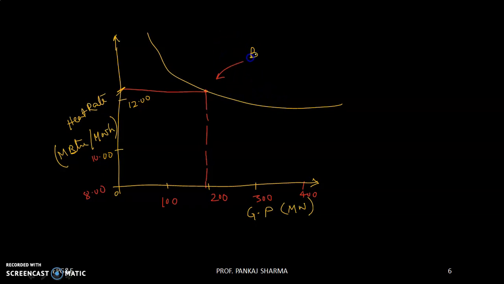This point is showing the best for the most efficient units, which are just within 12 to 13, as shown here.